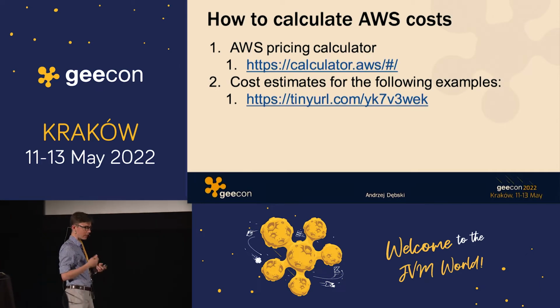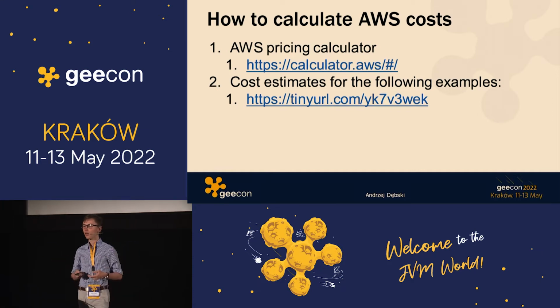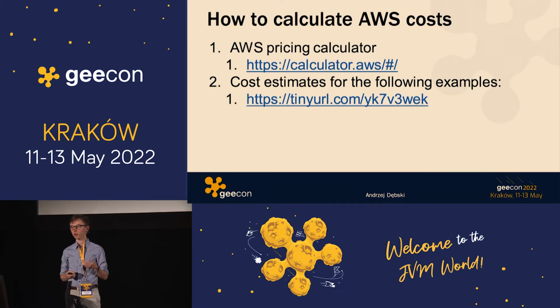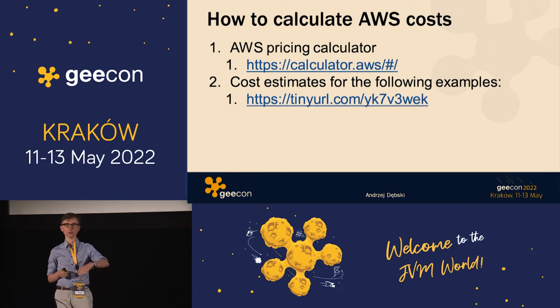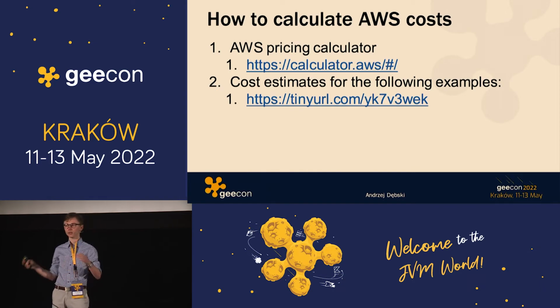In order to estimate how much we'll pay for AWS services, there are probably multiple tools you can use. You can write your Excel spreadsheets. But the nice thing is that AWS offers a tool called Pricing Calculator. There you can select, I want to use this AWS service, I will handle this many requests, and so on.